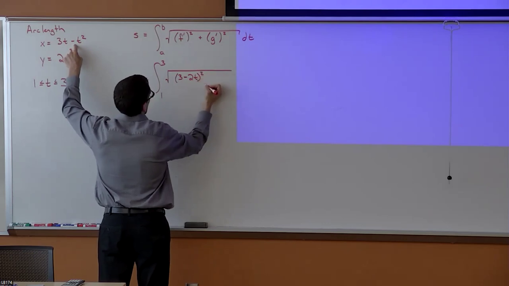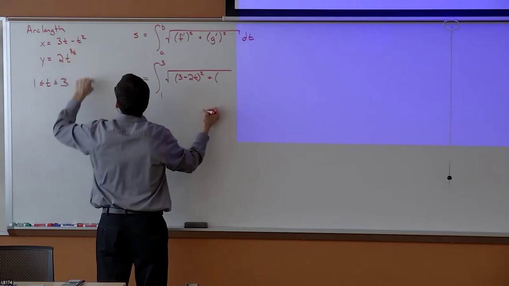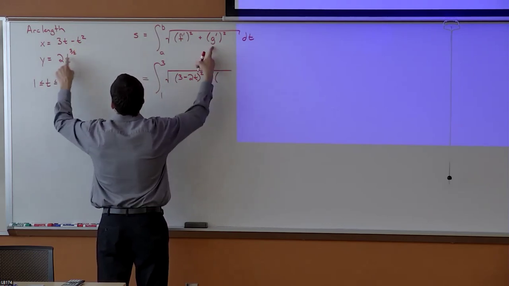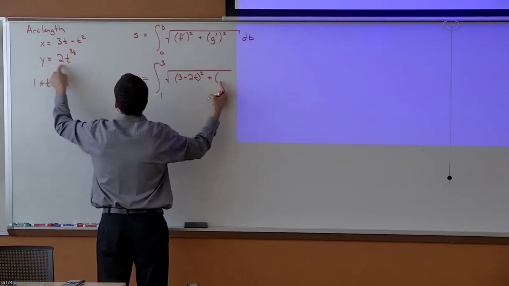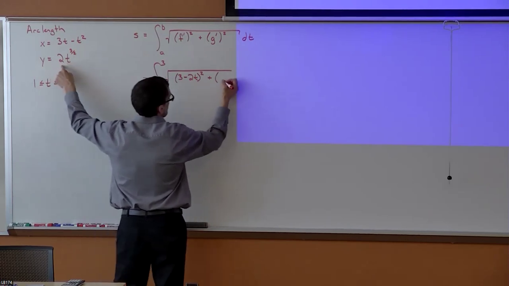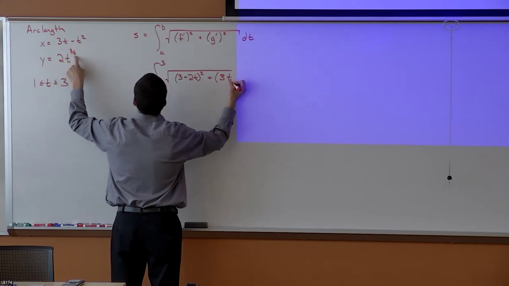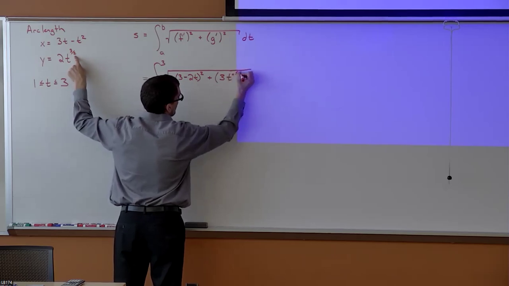And then I'm going to square that. Square the whole derivative. And then I'm going to go to g prime. Derivative of the y function is going to be 3/2 times 2 is just 3t, and if I lower this exponent by 1, I get a 1/2 power, or a 0.5 power.